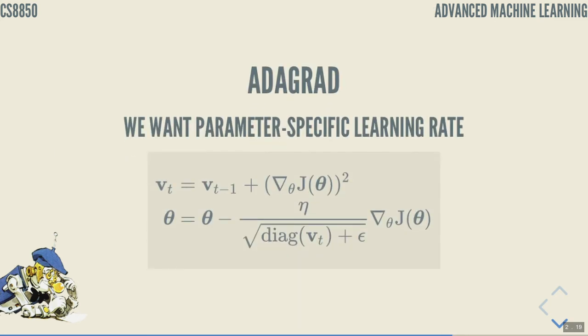So, but now we want parameter-specific learning rate. All of the stuff we looked at before just set a single number, a single learning rate for all parameters, but some parameters change faster, some parameters change smaller, some parameters have a lot of data samples in the data set with those parameters having meaningful values.